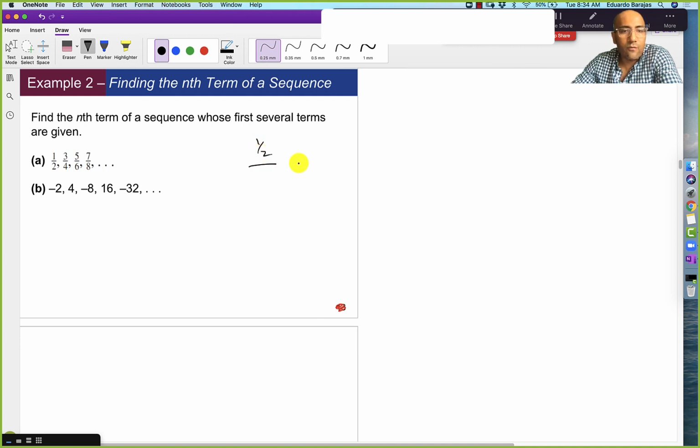I have 1/2 here, and I want to take this 1 and somehow plug it into a formula, and the output of that formula should be this, right? I want a function a of 1 that equals 1/2. I want to be able to plug in a 1 and the output is 1/2. And at the same time, I want that formula to work out such that if I plug in a 2, a sub 2, that 2 will result in 3/4.